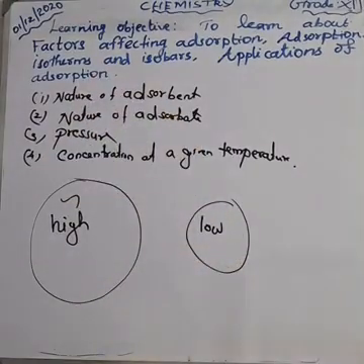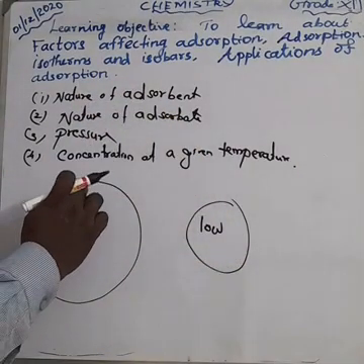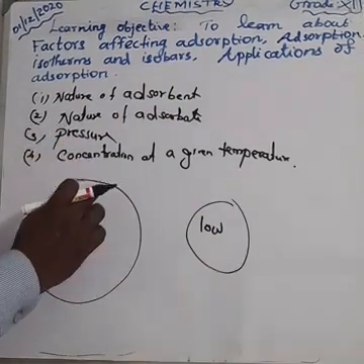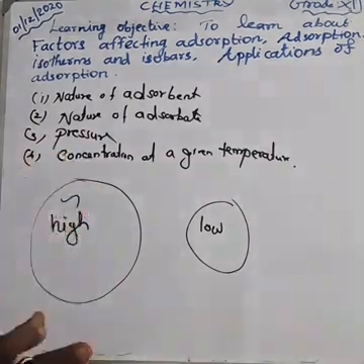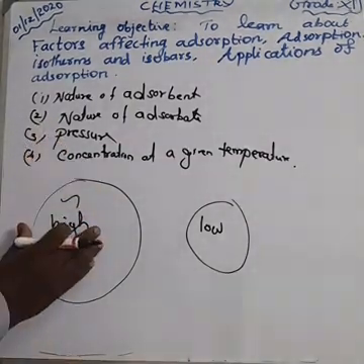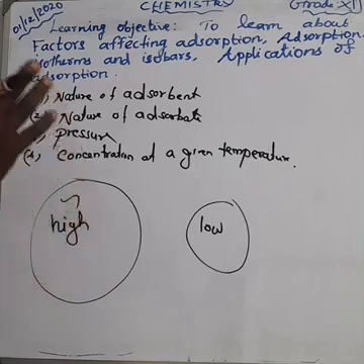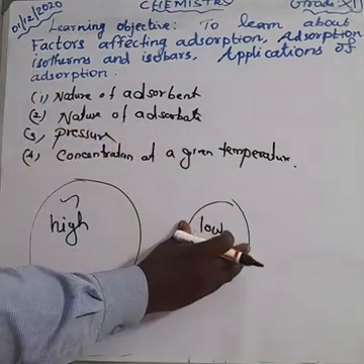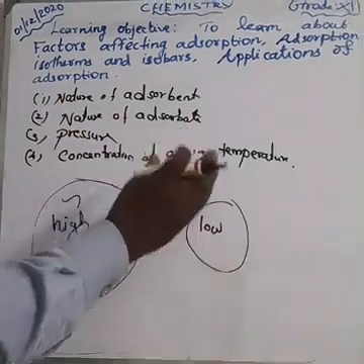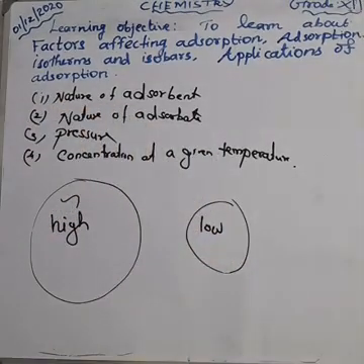Why? What's the reason? Because the higher the surface area, the higher the amount adsorbed. This is the point, don't forget that. Higher the surface area, higher the amount adsorbed. Lower the surface area, lower the amount adsorbed. Don't forget that first point.